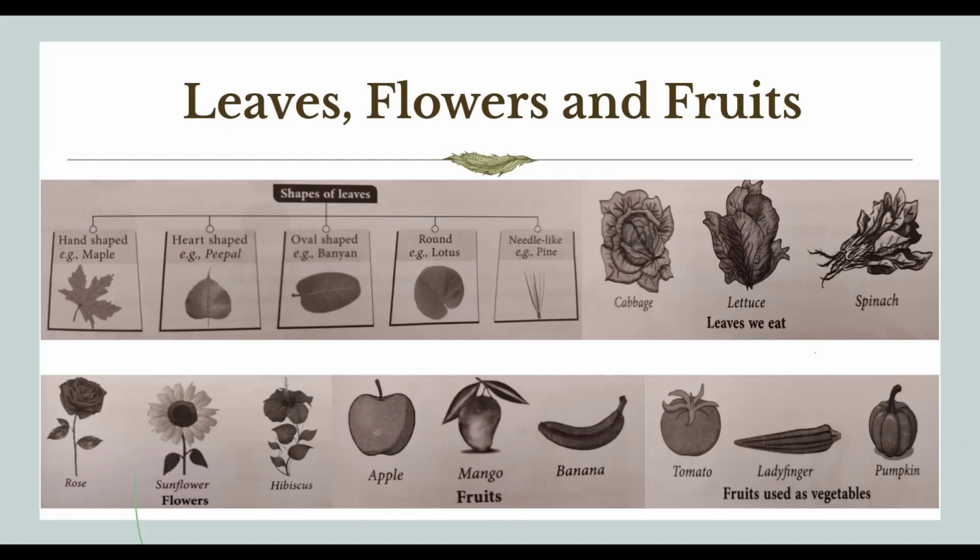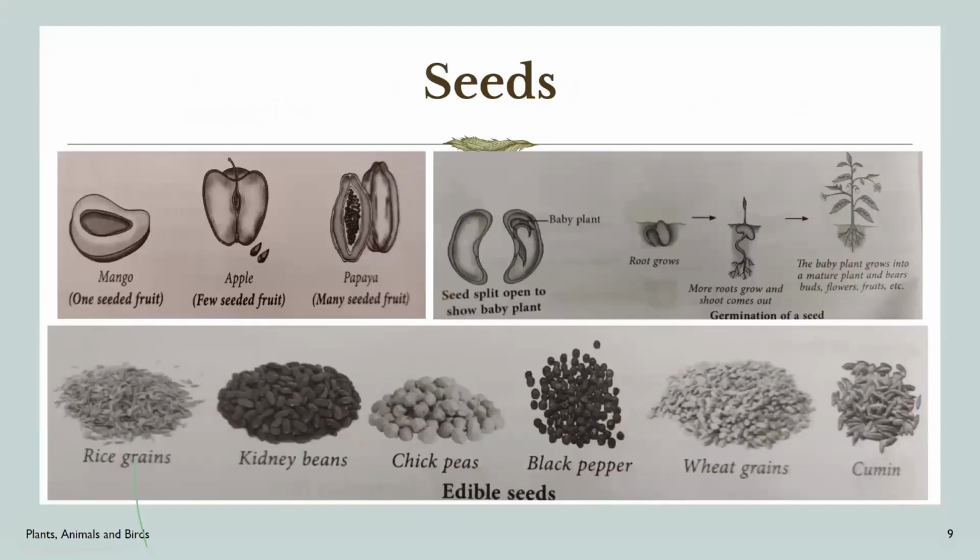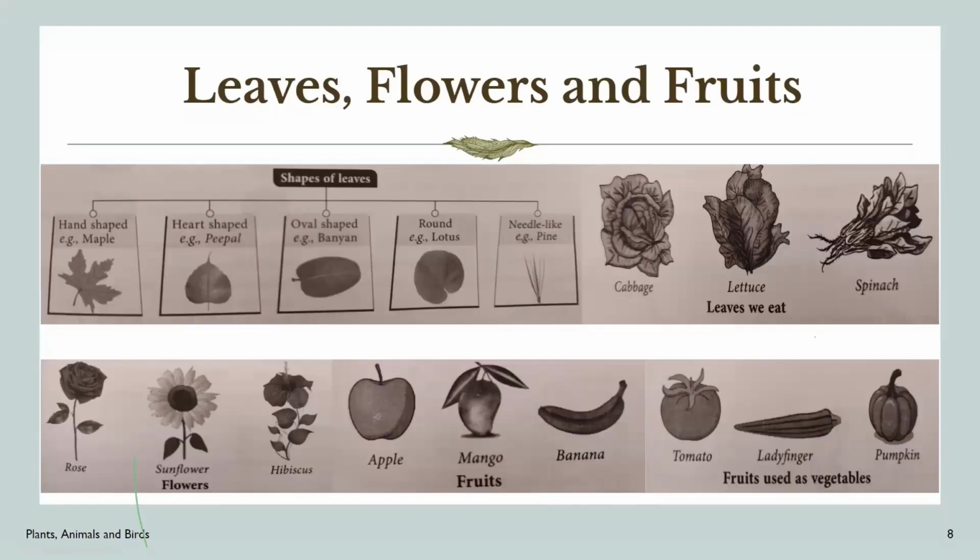Ma'am, is it true that ladyfinger is a fruit? Ma'am, ladyfinger is not sweet and we can't eat it raw. That's true. And pumpkin is not even sweet. Tomato you can eat raw.